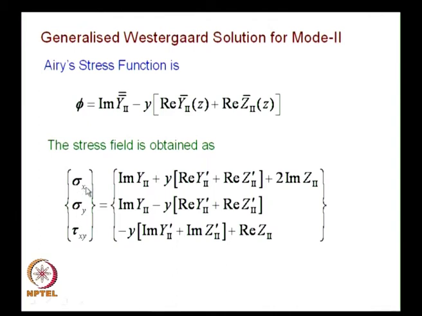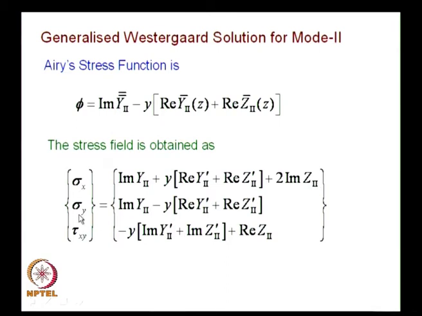I have sigma x, sigma y, tau x y. Sigma x is given as imaginary part of y 2 plus y multiplied by real part of y 2 prime plus real part of z 2 prime plus 2 imaginary part of z 2.